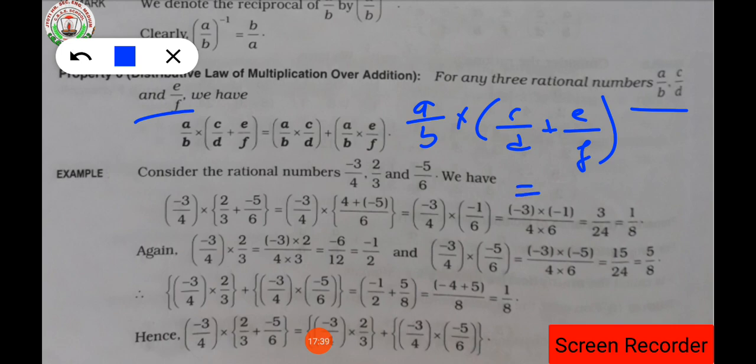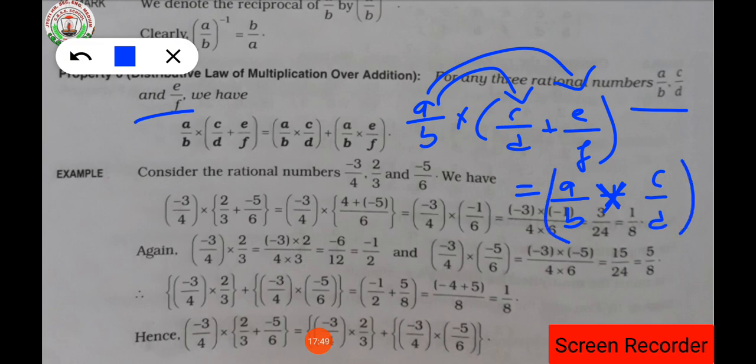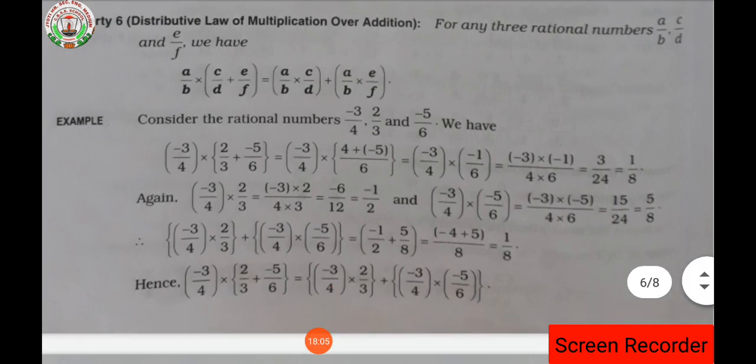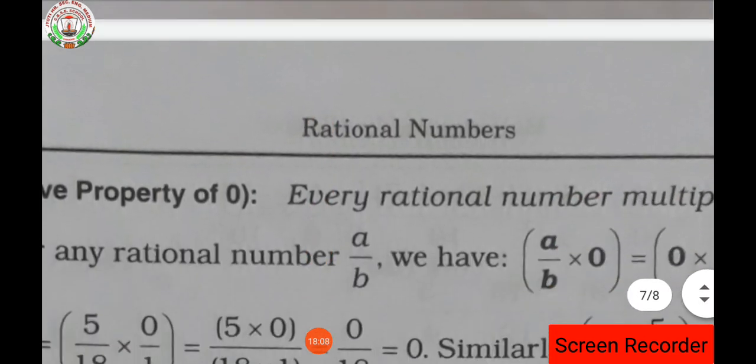So when we multiply this a by b inside the bracket, it will be a by b into c by d, close the bracket, plus a by b into e by f. This is the distributive property of multiplication over addition. Have you understood? Examples are being given here. You can see the examples and solve. Clear everyone? It's a very simple one.